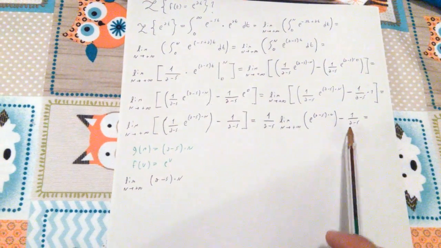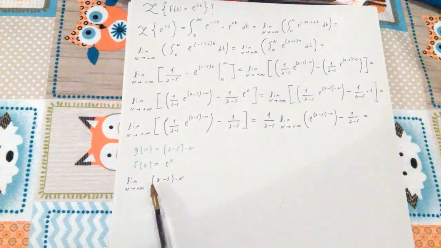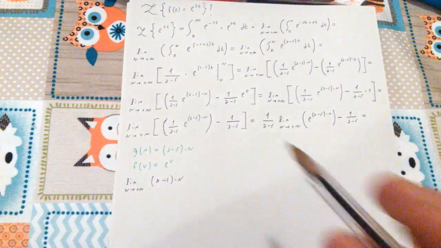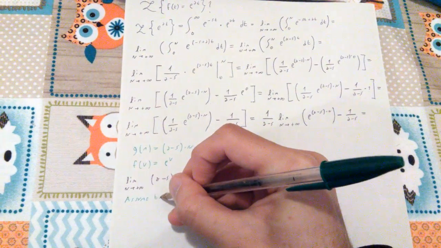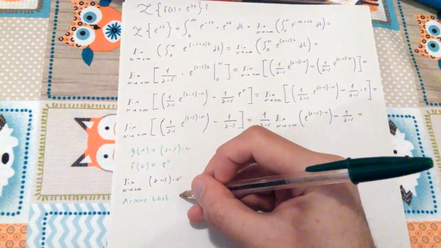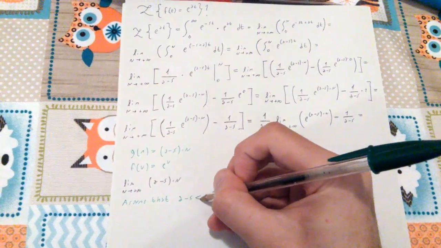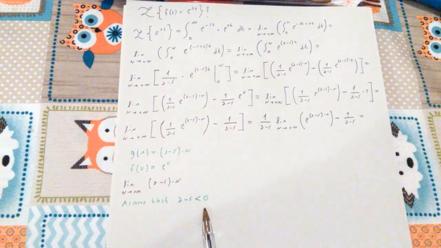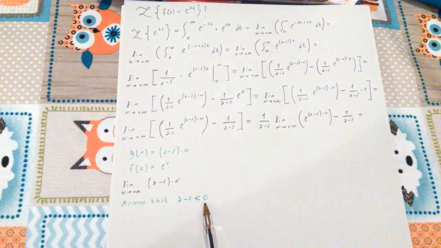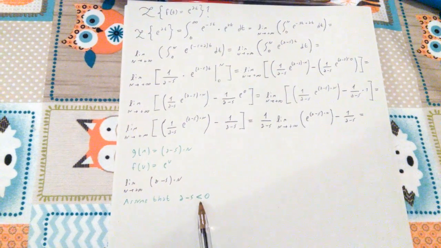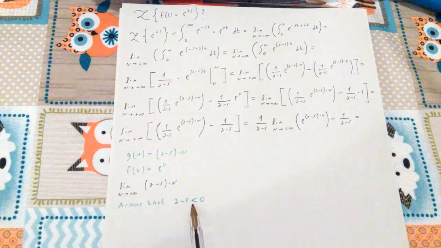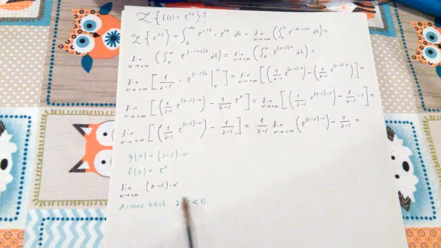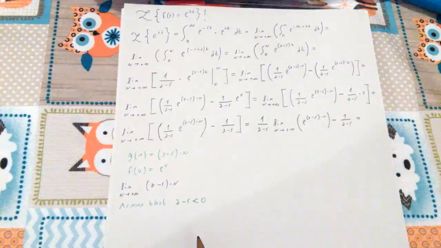So how do I do that? How do I get this guy to be negative infinity? Well, I can just assume that a minus s is less than 0. So it's basically going to be any number, I don't care what, but it's going to be negative.